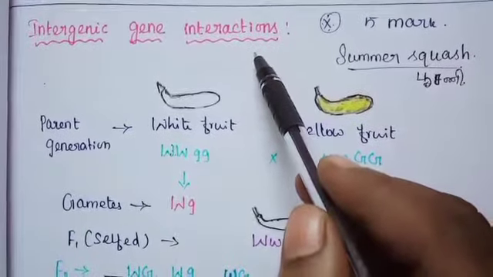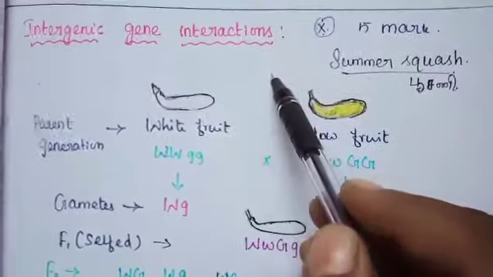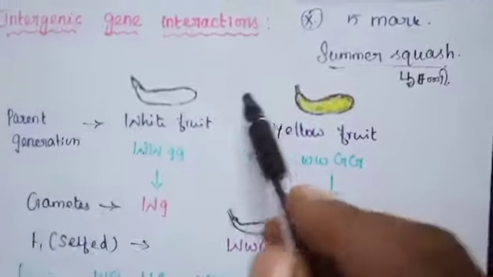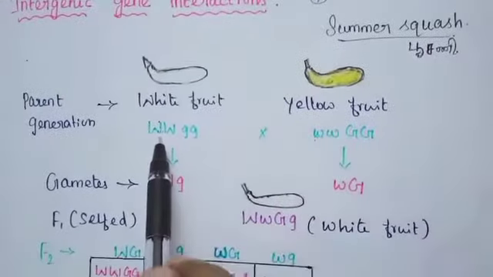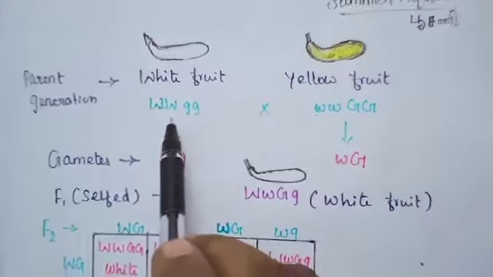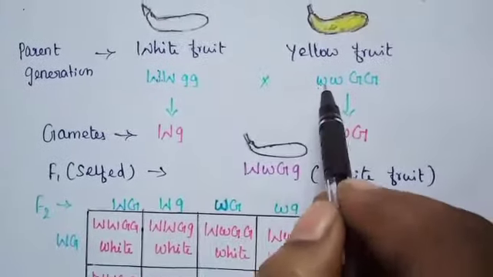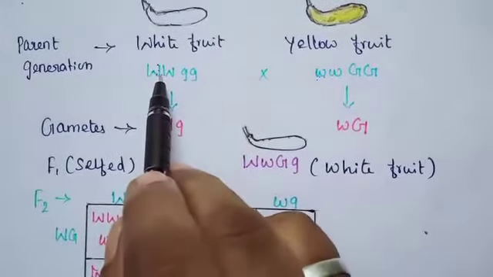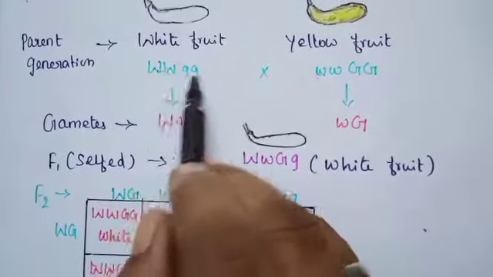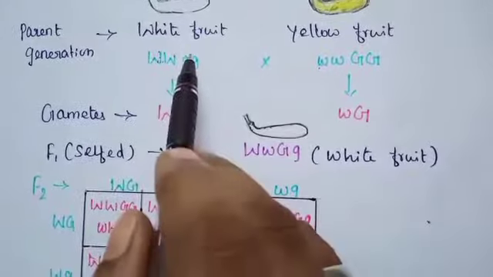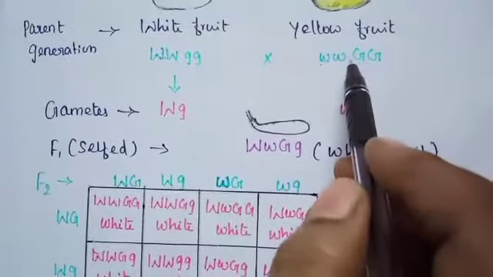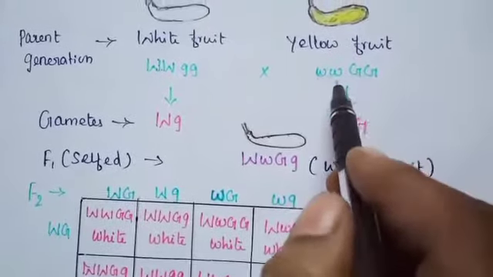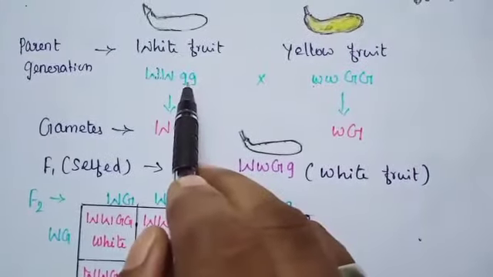Now, the intergenic gene interaction experiment was done in summer squash. In summer squash, the fruit color locus has a dominant allele, capital W, for white color and a recessive allele, small w, for colored fruit. Capital W is dominant and masks the expression of any color. In another locus, the hypostatic allele capital G is for yellow fruit and its recessive allele small g is for green fruit.